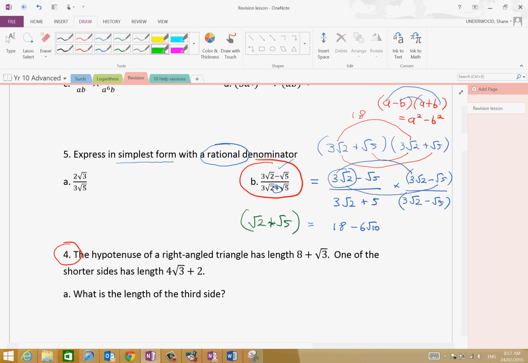And root 5 times root 5, it's positive though because of the negative here. Okay, negative times a negative is a positive. So we've got positive 5. On the bottom, we discussed that it was 18 minus 5, which is 13. This was a root 5, by the way, wasn't it?